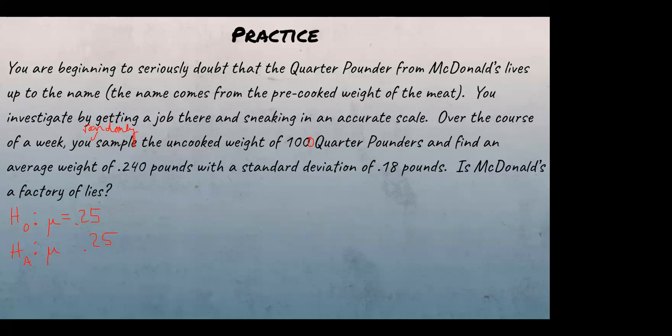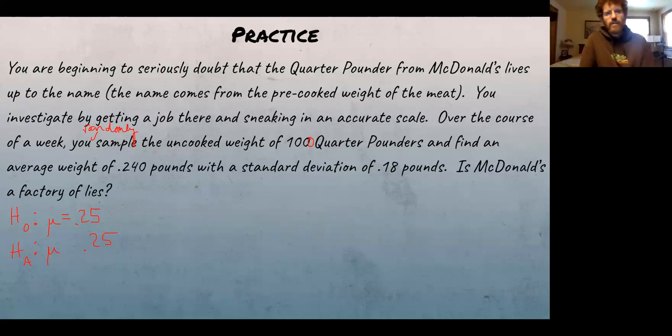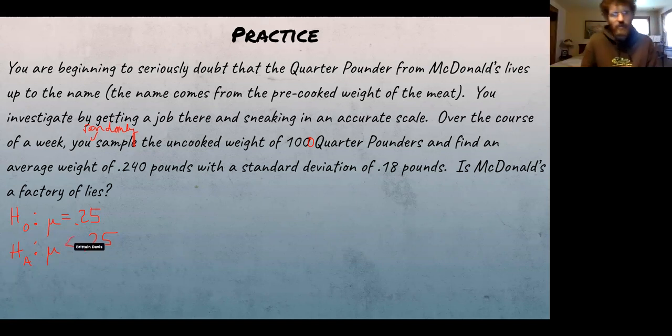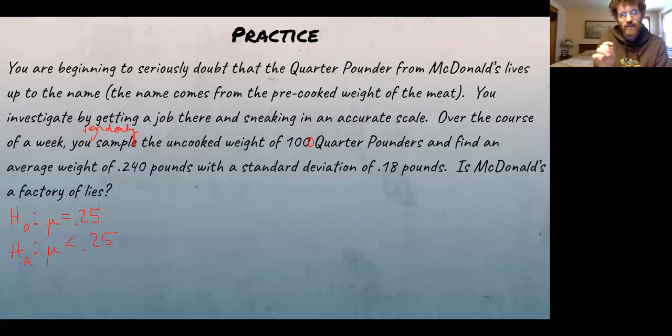Would it be less than 0.25? All right. Now, I think the subtext in the question is that we think it's less than a quarter pound of meat, because no one's getting upset if they get more hamburger. Well, very few people would complain. But to Zach's point, if we are not sure, the more conservative thing to do is to say not equals.